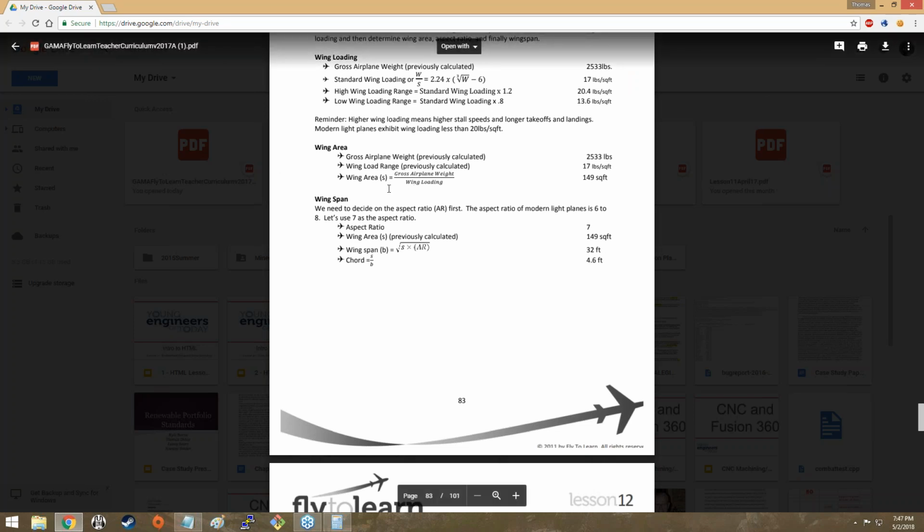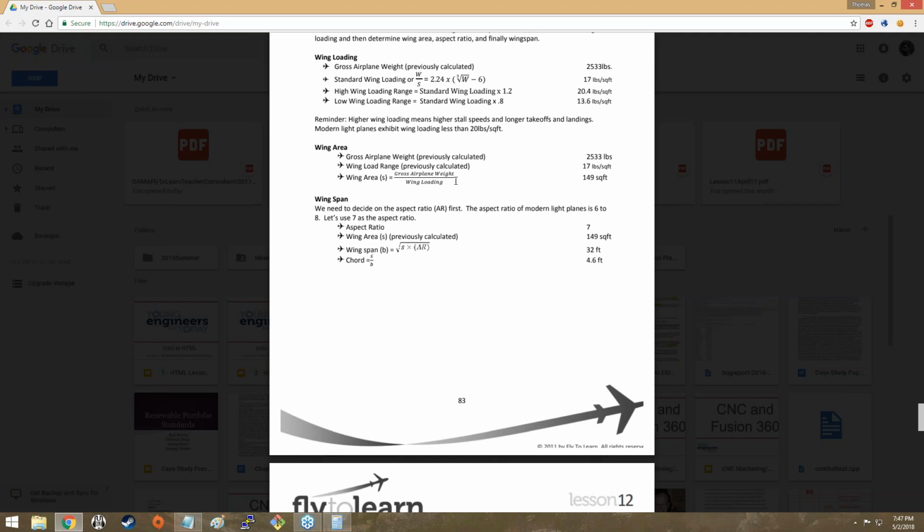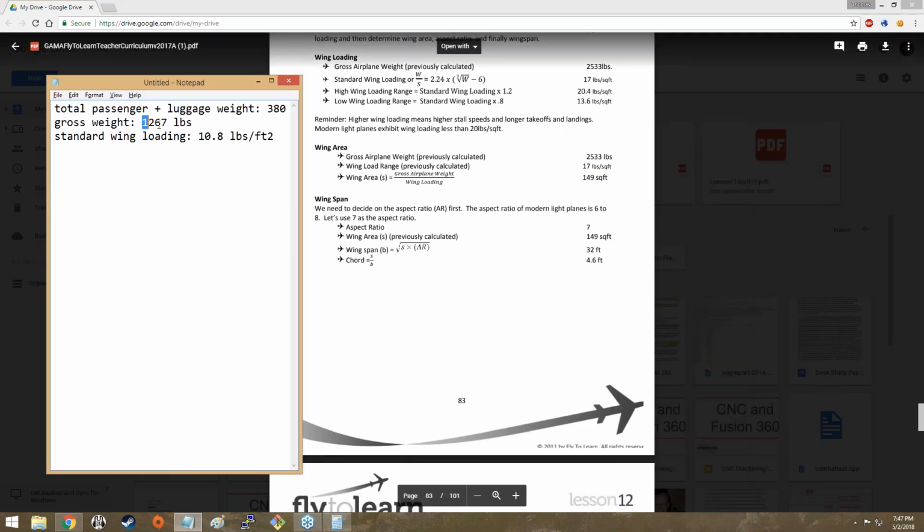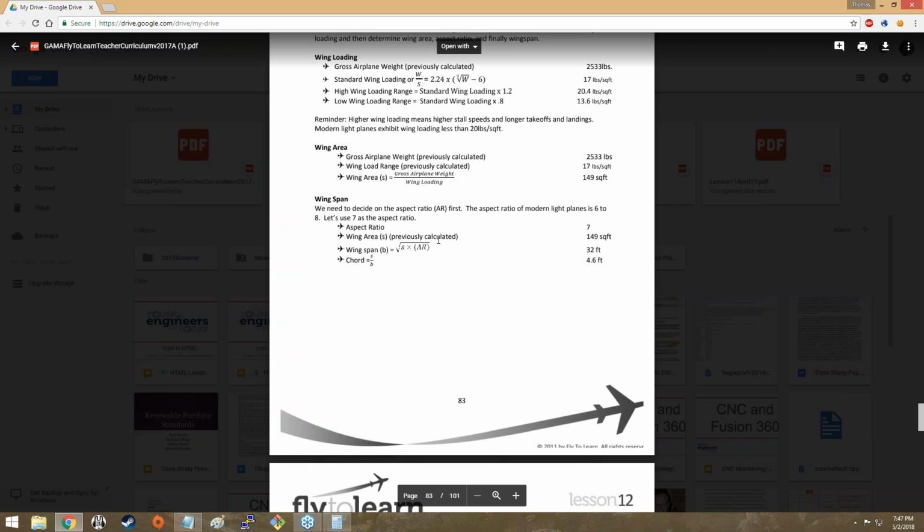Now the wing area is going to be the gross airplane weight divided by the wing loading, right? Because if we've got the weight of the plane and how many pounds per square foot the wings support, that gives us how many square feet of wings.